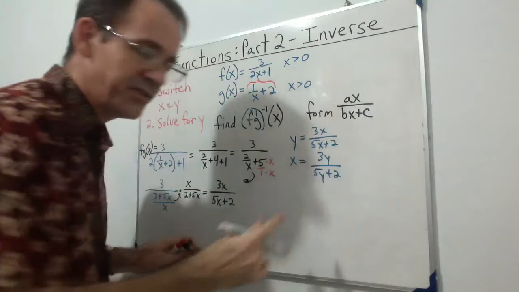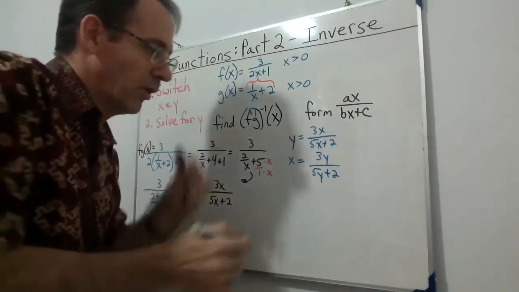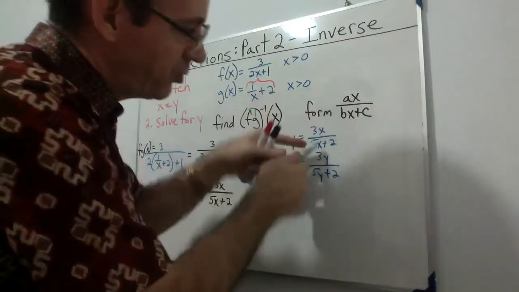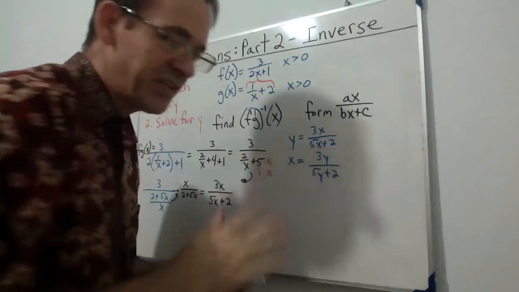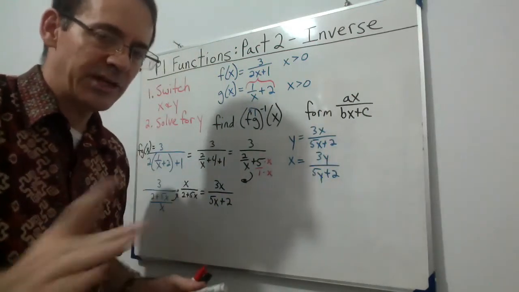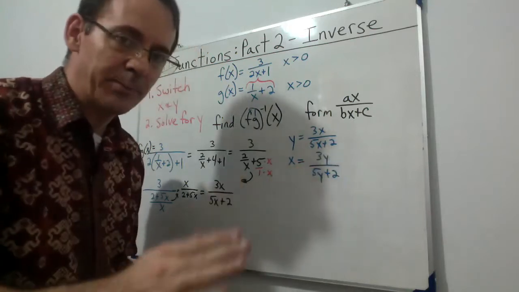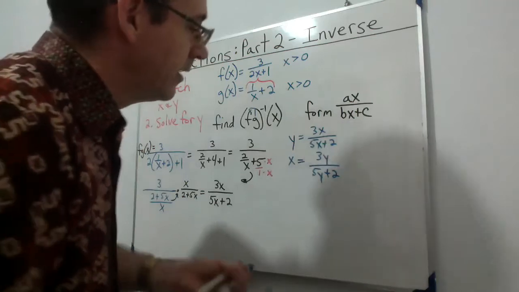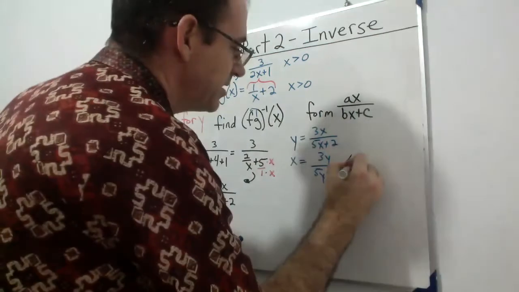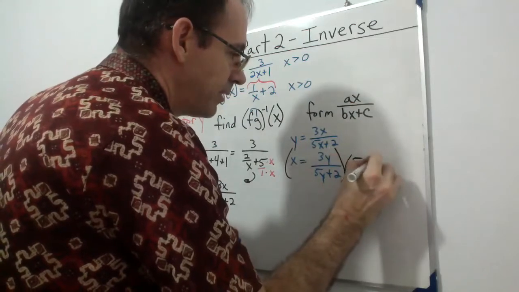We're going to solve this very similar to the first example where we have a fraction. You have two x's that need to be replaced with y's. As long as they are the same power, it's not a problem. Where we get into the problem is when they are different powers, and I'll have an example for that coming up. So we want to get rid of our fraction. We multiply both sides by 5y plus 2.